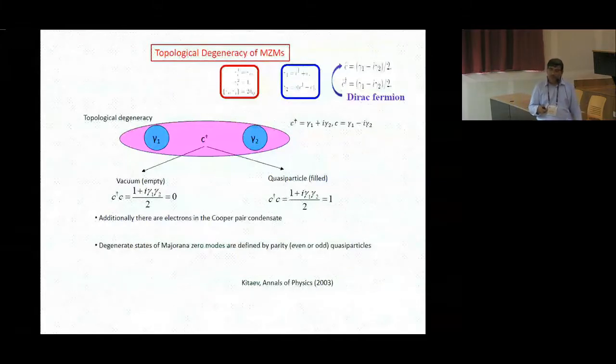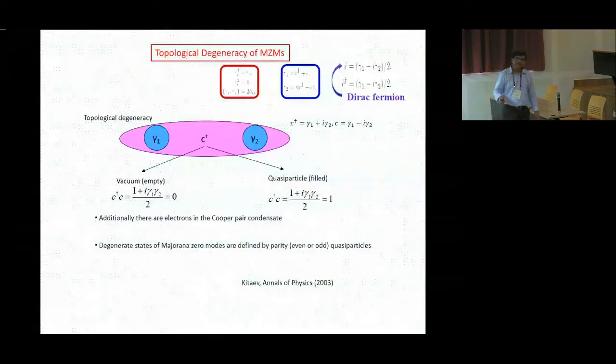Suppose you can, according to one of these schemes, the semiconductor heterostructure, and let's say they are localized at two ends of a wire or some system, you can do the similar transformation and create a conventional fermionic state out of two spatially separated Majorana fermionic states. It's just the same algebra as here.